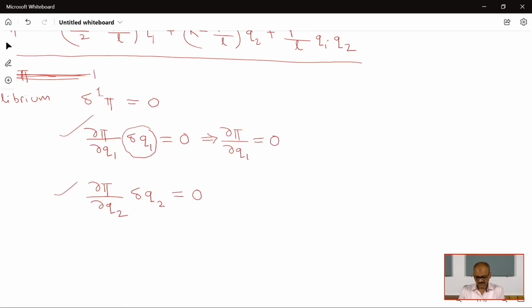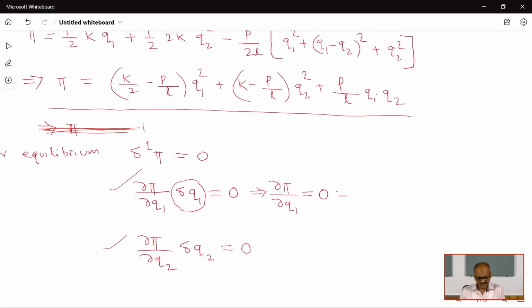If we differentiate the total potential energy from this expression, we get K Q1 minus 2P Q1 divided by L plus P Q2 divided by L, equal to 0.